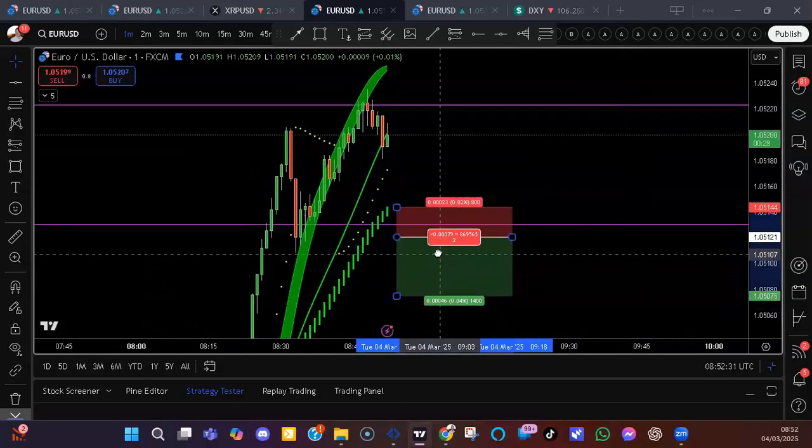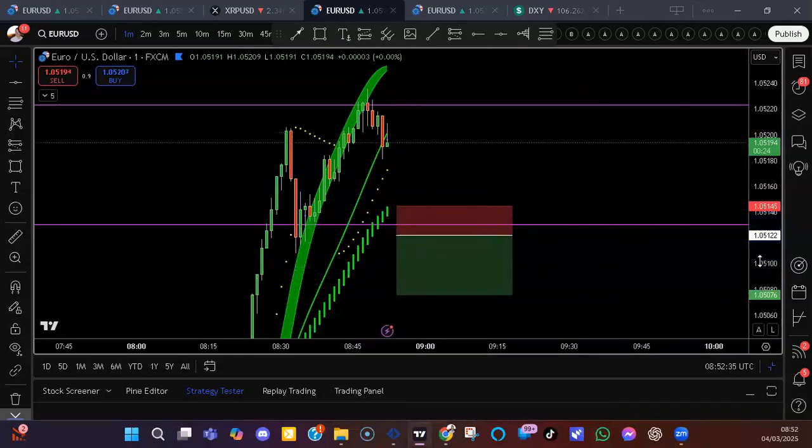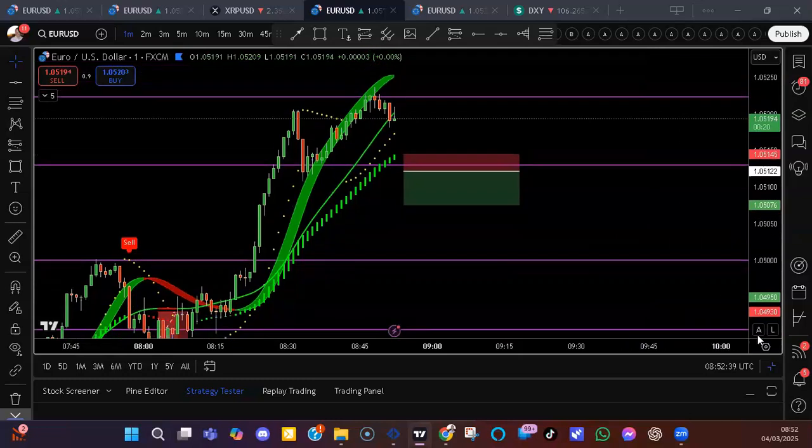So price has to come down all the way down to here before we can act. Let's see.